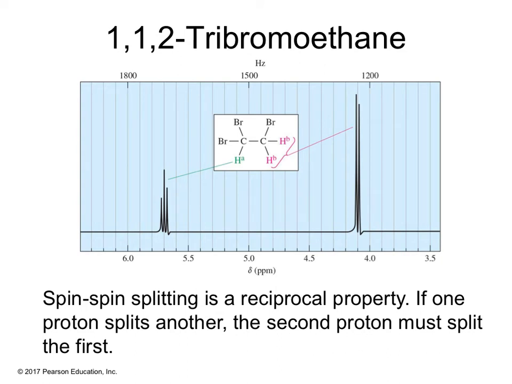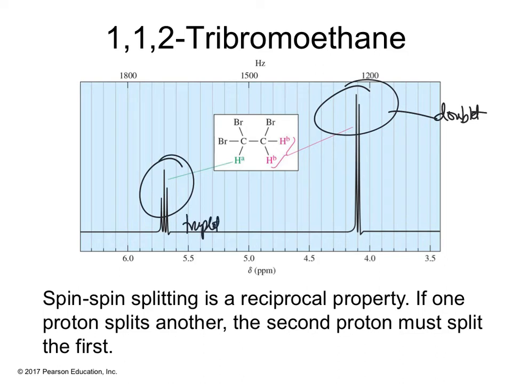And so this is what you're seeing here. So when you see this doublet, and then this is a triplet. So the first thing, you have 2 distinct hydrogens, 2 different environments. So you see that here.